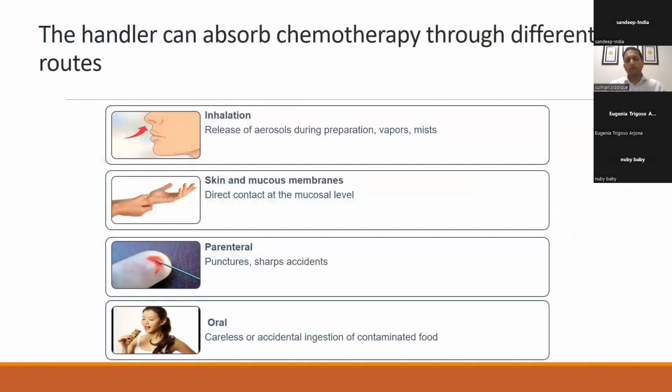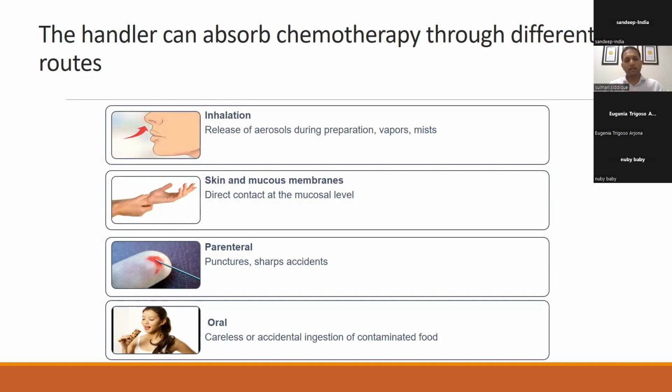The handler or person who is dealing with chemotherapy can absorb chemotherapy through different routes. You can see in this picture, firstly, we have inhalation. If chemotherapy becomes aerosols, if there is aerosol or vapor production, then you can inhale it during preparation. It can also be absorbed through the skin and mucous membrane.